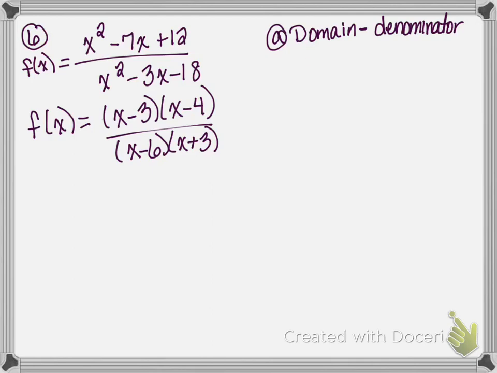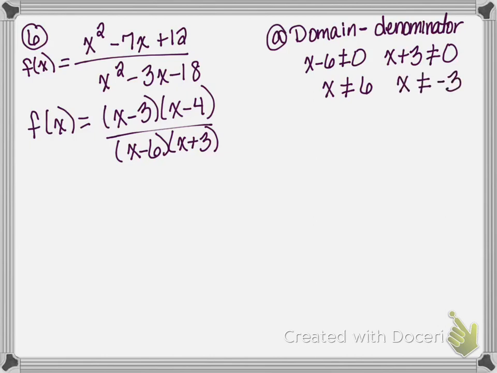So I'm going to have x minus 6 cannot be 0, and x plus 3 cannot be 0. So x cannot be positive 6, and x cannot be negative 3. Okay, that's my domain. Now my domain has to be written in interval notation.